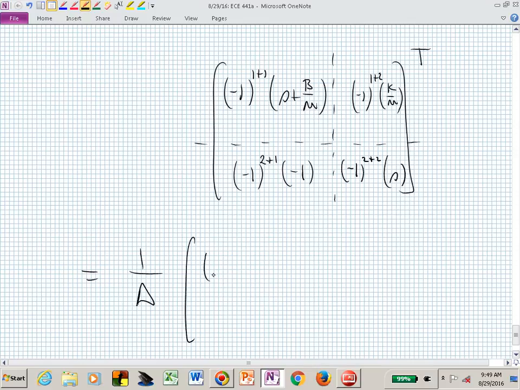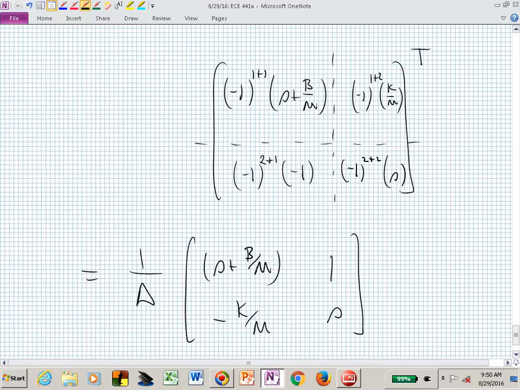Up in the 1, 1 entry, I have S plus B over M. In the 2, 2 entry, I have S. What's in the 1, 2 entry? I have minus 1 raised to the third power. That's minus 1 times minus 1. That's 1. What about the 2, 1 entry? That's minus K over M.